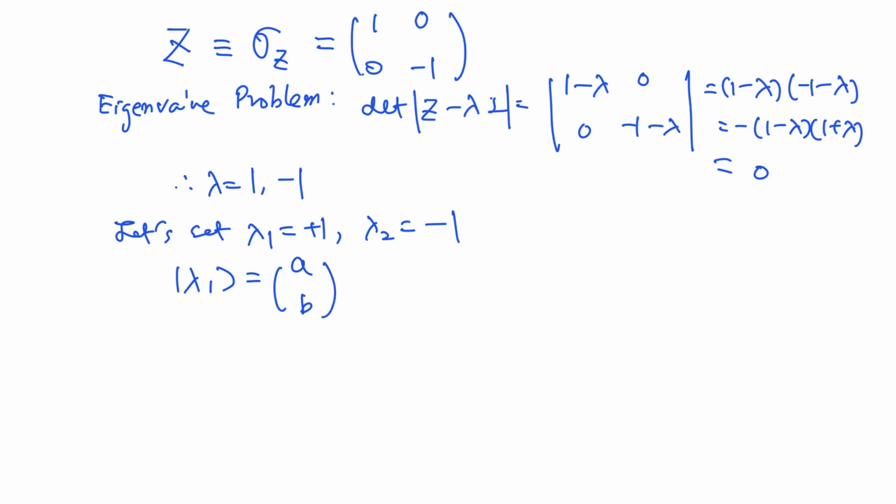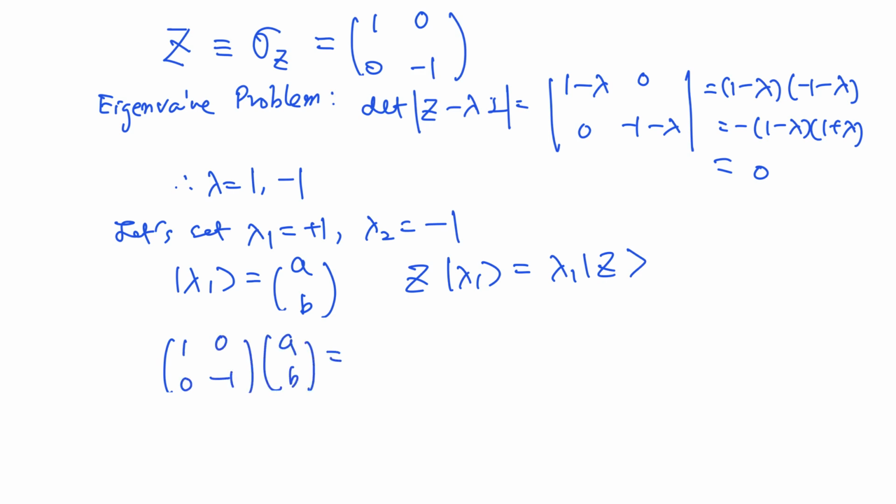Then Z lambda 1 is lambda 1 times lambda 1, or (1, 0; 0, minus 1) times (A, B) is equal to (A, minus B).